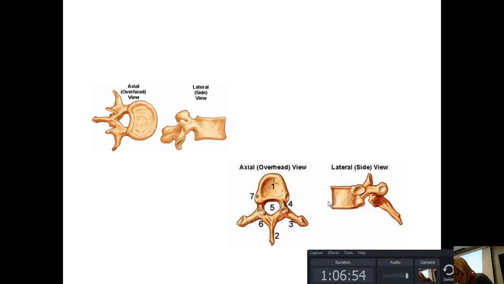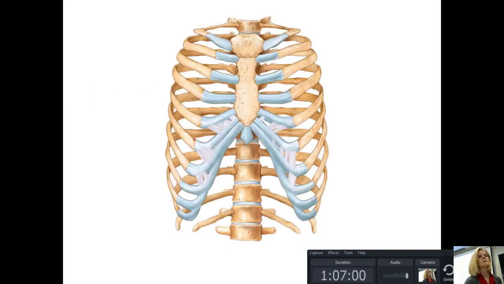Okay, so then that leads us to the spine, or I'm sorry, the rib cage. I'll pass these around to look at. If we look at the rib cage, we have 12 ribs.